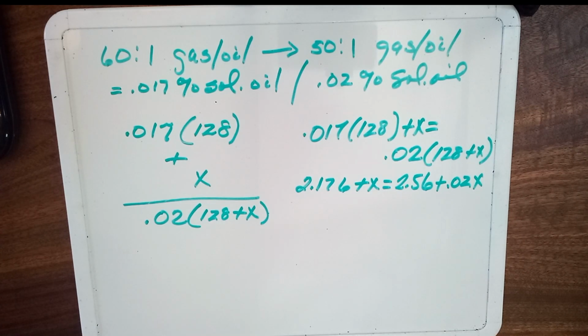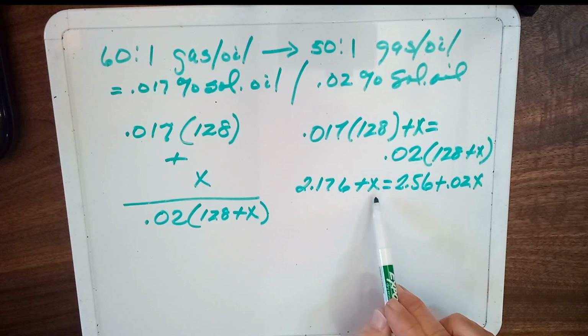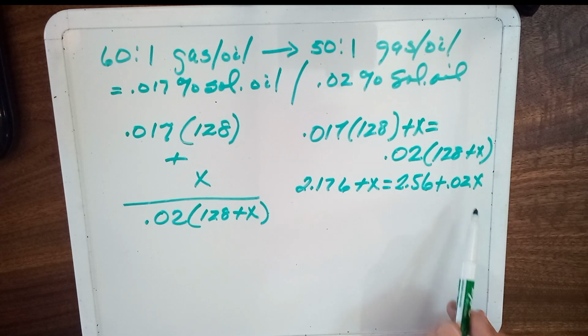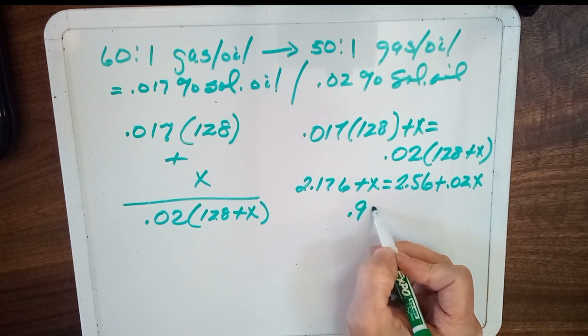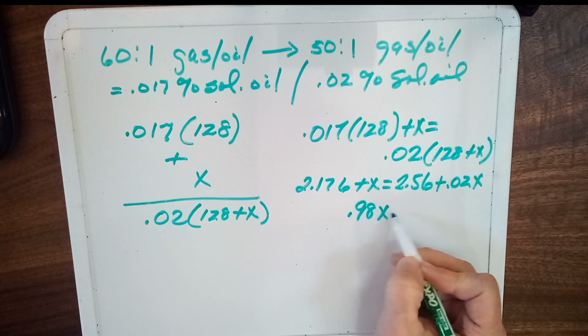Now basically all I need to do is combine like terms. So I have a whole X here. I'm going to move the X to the left. I'm going to move this constant to the right. So it's going to be X minus 0.02X. You could probably do that in your head. That equals 0.98X.